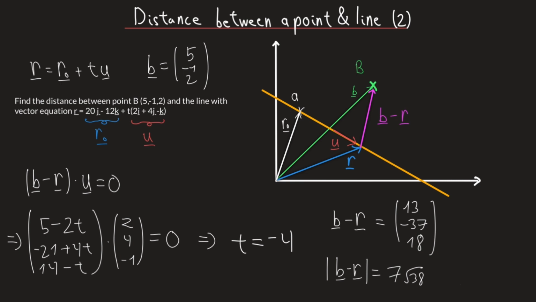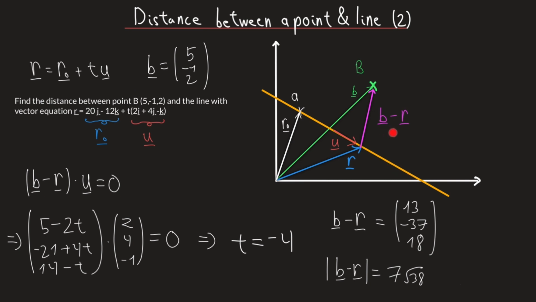In conclusion, to determine the distance between a point and a line, what we first need to do is calculate the general expression of the difference vector b minus r, where b is associated with our point and r represents the vector equation of our line, and so the general expression for any point on our line.